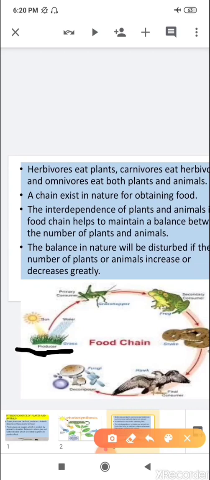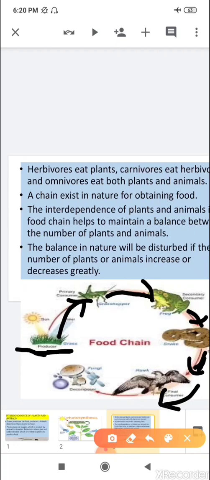Then this food is eaten by the herbivorous, the animals which eat only plants, and these herbivorous animals are eaten by other animals which are carnivorous or omnivorous. Then the chain flows from one consumer to the next. The secondary consumer is eaten by the tertiary consumer, then the tertiary consumer is eaten by the fourth consumer.